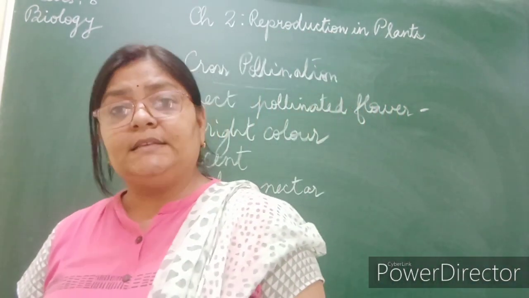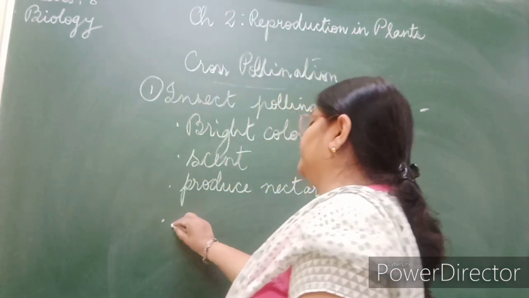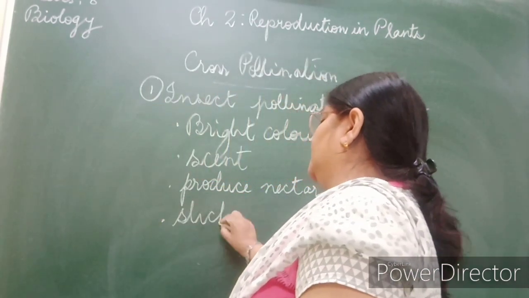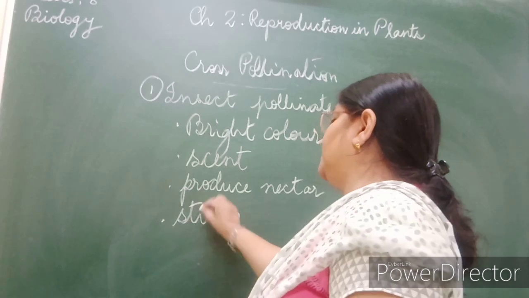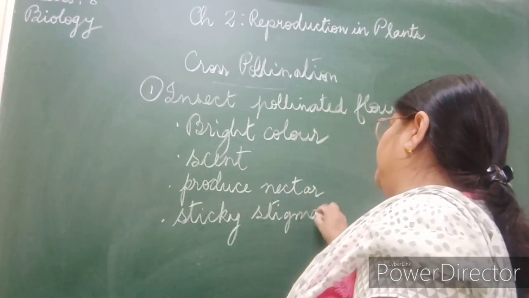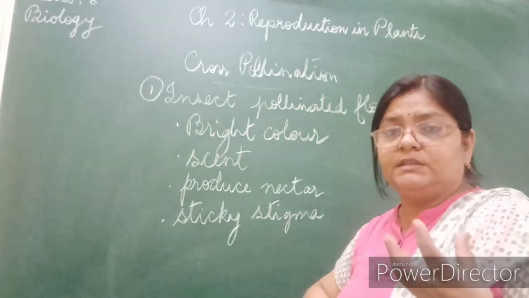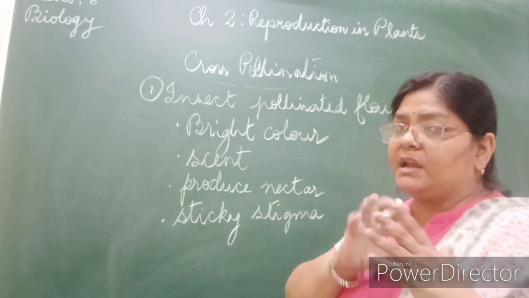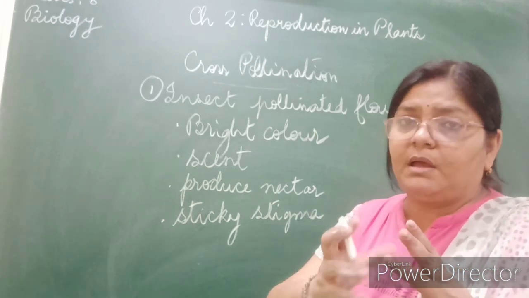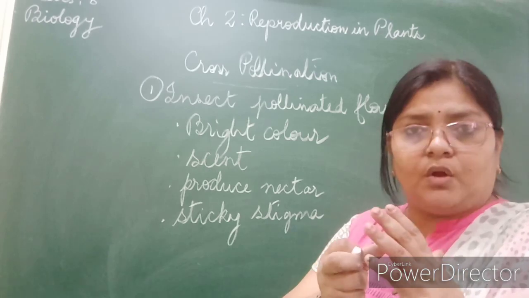Okay, it has a sticky stigma and sticky pollen grains. So what happens is, because the stigma is sticky, when the insect goes and visits the next flower, the pollen grains on its body get brushed on the stigma, and because the stigma is sticky, the pollen grains get stuck on it.